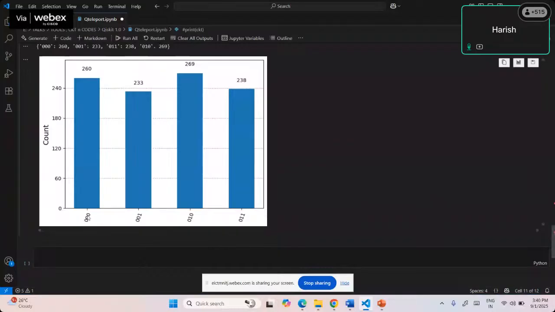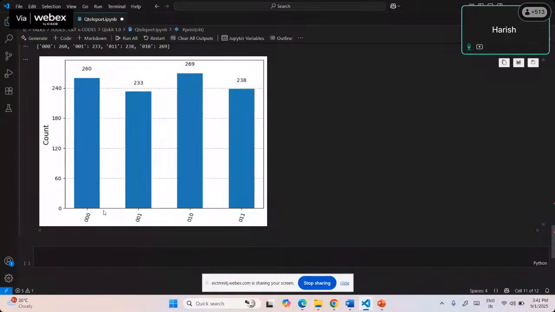You see here, this 000 means the first qubit is 0, second qubit is 0, and the third qubit is 0. What we required is that the third qubit should be 0. See here, the third qubit is 0. In this case also, 1 0 0, the third qubit is 0. In this case also, 0 1 0, and in this case also, 1 1 0, the third qubit is 0.